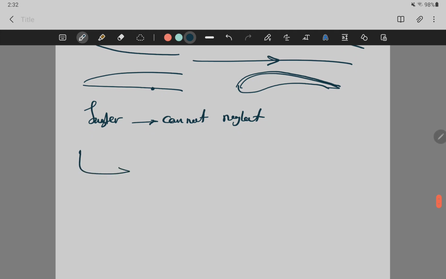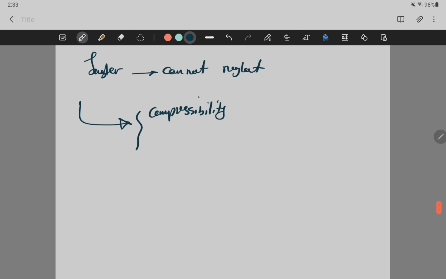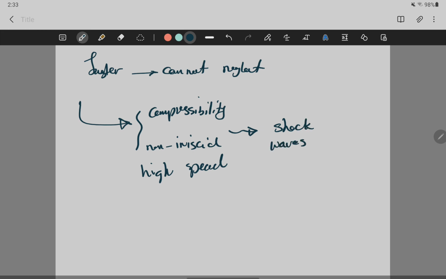So all of these, the compressibility, the frictional losses, the non-inviscid nature of the flow, all of this is going to contribute, and also if you're dealing with higher speeds, to the formation of shock waves, which is something we are going to discuss in this chapter of the book.